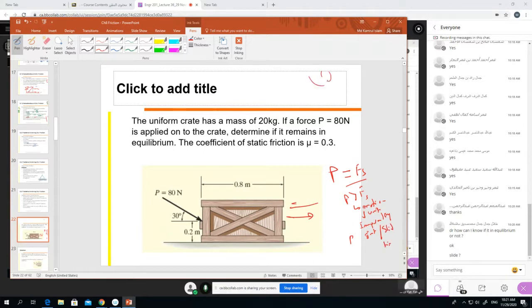As I told you, two things can happen: one is sliding, another is tipping. There are two conditions. When it will slide, there is a condition. When it will tip, there is a condition.